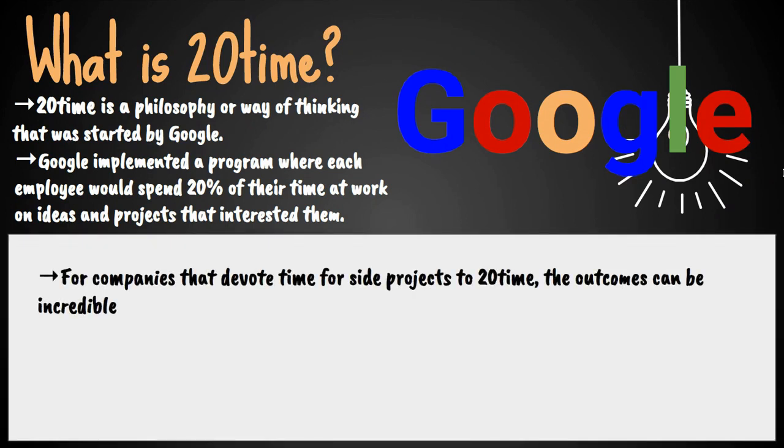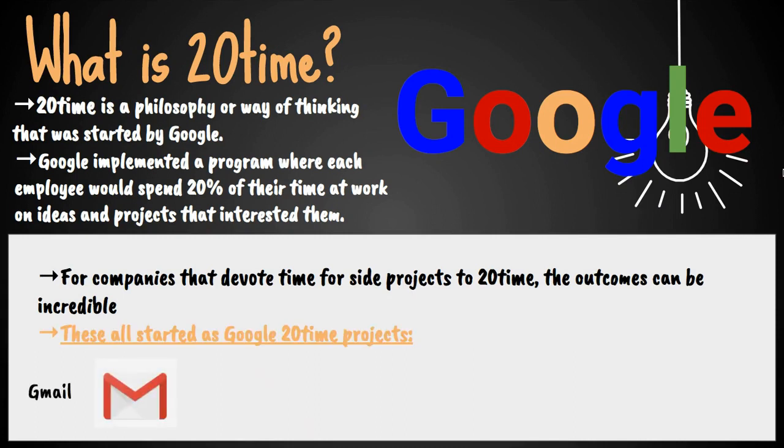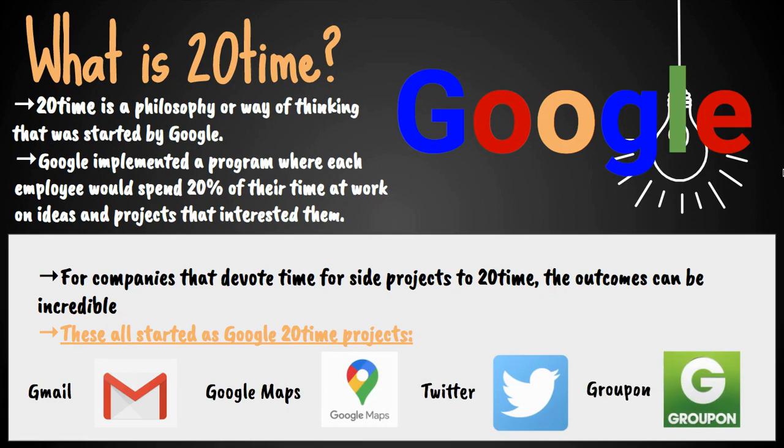Some of the things that they developed using this 20 time are Gmail, which is used every single day by people from Google, Google Maps, Twitter, and Groupon. These were all developed during this innovative, creative thinking space that Google provided for its employees.